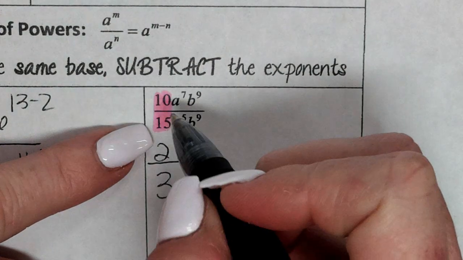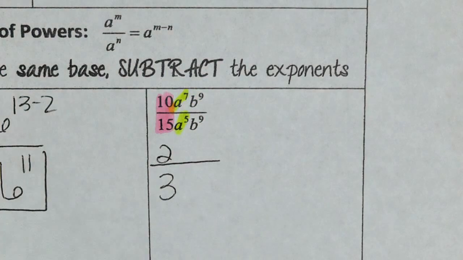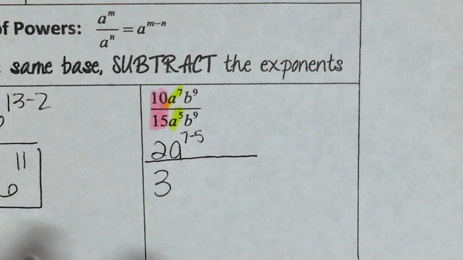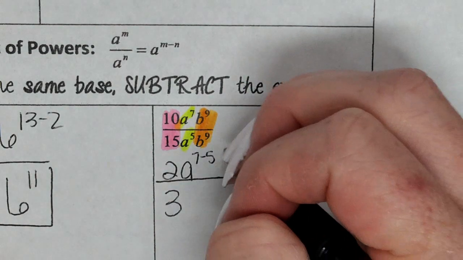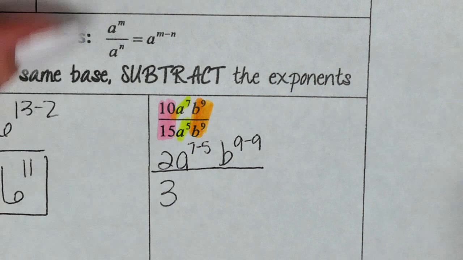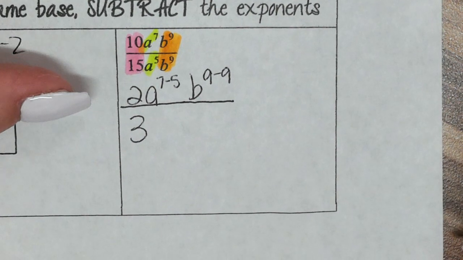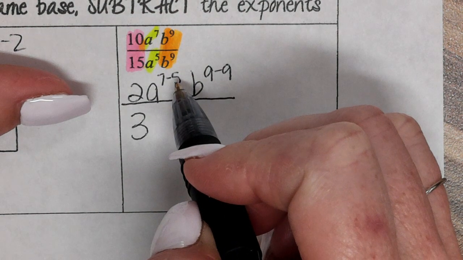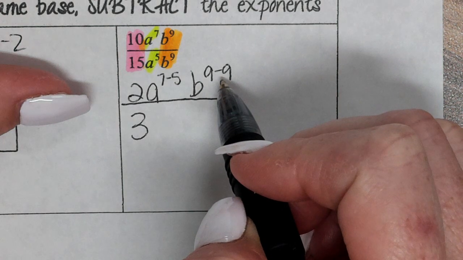Now I'm going to deal with the a's because their bases are the same. I'm going to pull them to the top to subtract them. So I have a to the 7 minus 5. Now I'm going to deal with my b's. I have b to the 9 minus 9. Are we good? All right. 7 minus 5 is positive 2, so it's going to stay on top. 9 minus 9 is 0.